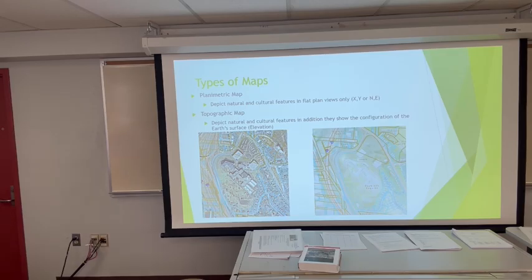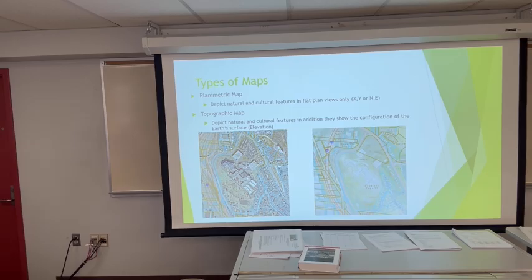Topographic maps also depict natural and cultural features. In addition, they show the configuration of the Earth's surface. So they show elevation, they show that relief. It might be a little difficult to see on the image on the right, but there are contours on that depicting elevation.